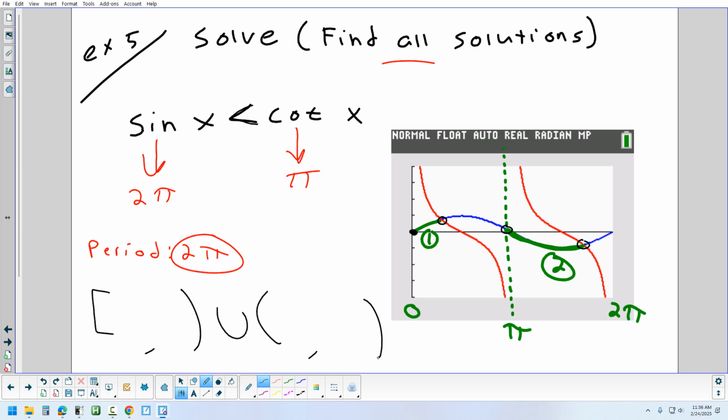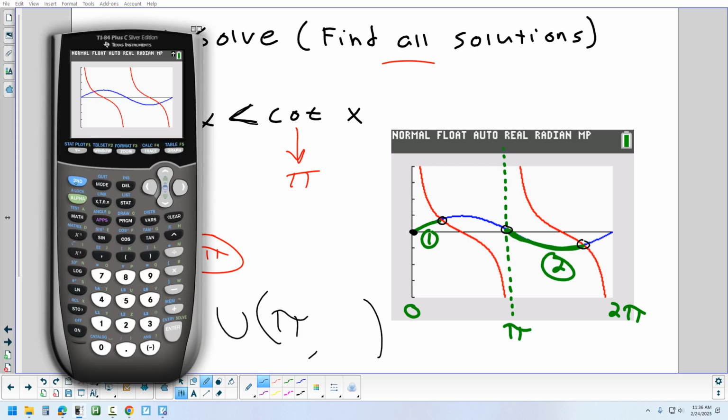Okay, still a little bit more we can do before we even do some more on the calculator. Where does interval 1 start? 0. We do know where interval 2 starts. It starts at pi. But we don't know where interval 1 stops or where interval 2 stops. That we need the calculator.